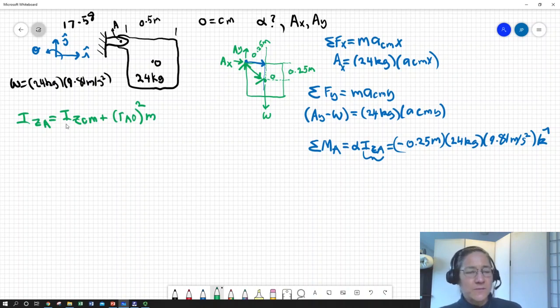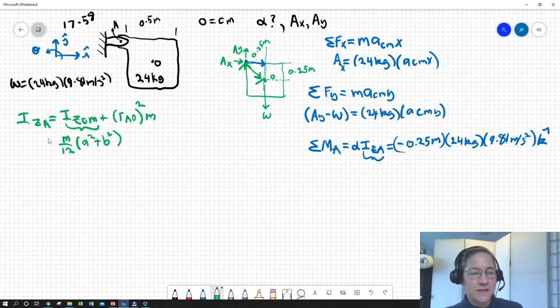So we could go to the back of our textbook or go to a handbook and look up the polar moment of inertia of any kind of rectangular thin plate or thin object, and we would find that that ends up being the mass of the object over 12 times basically the two edge dimensions squared.